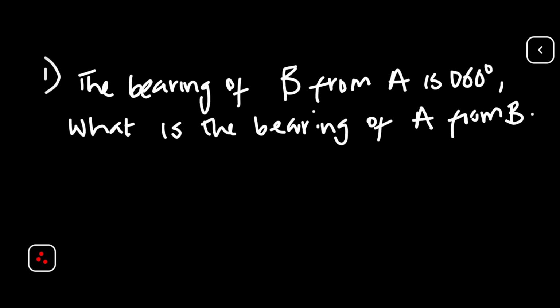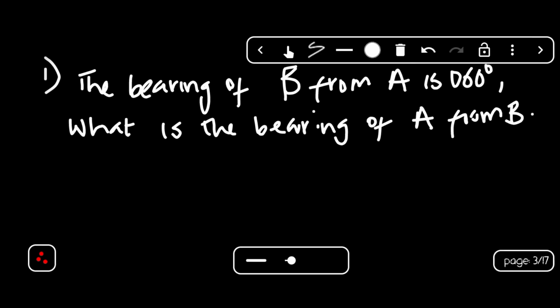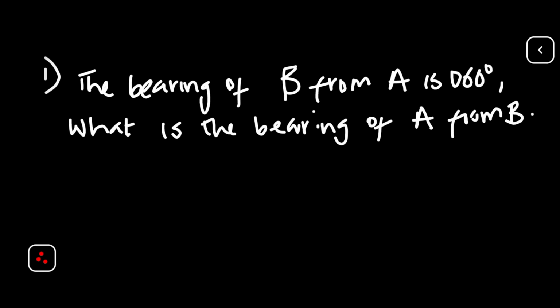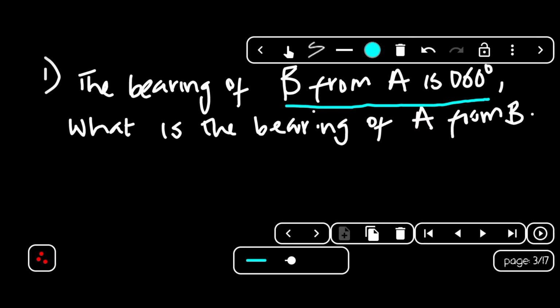From the idea I gave you, you'll see that they've already given us the bearing of B from A, which is 60 degrees. If you want to draw it, let's use another page.